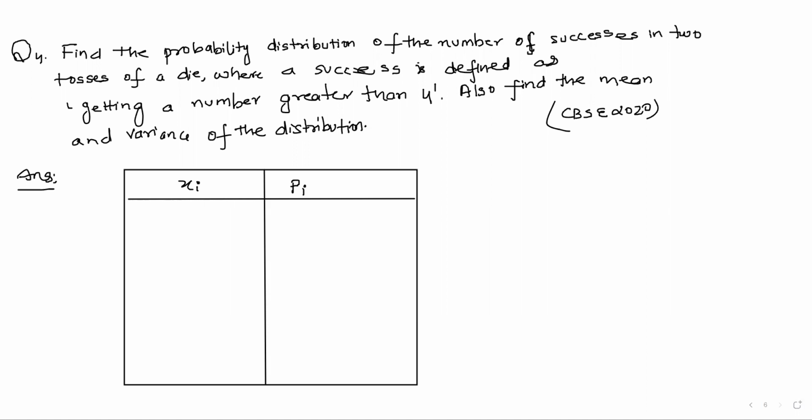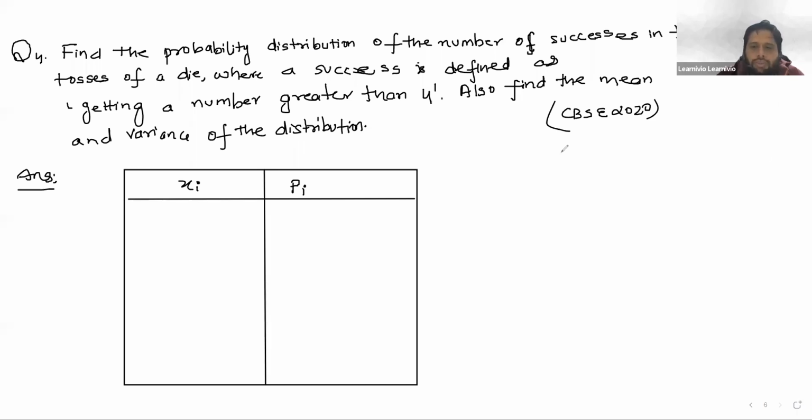You will say you get a success when you get a number greater than 4. So you're tossing two coins, sorry, you're tossing a die two times. A single die you are tossing two times. So what is the number of successes?